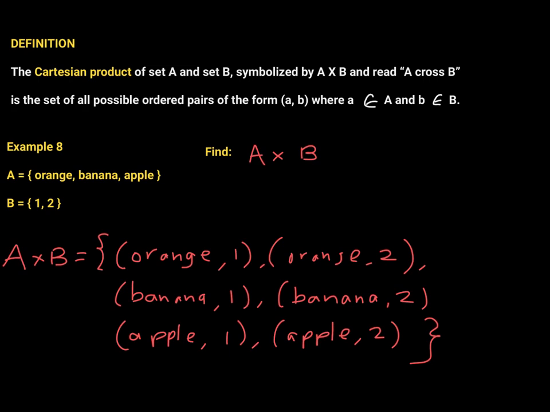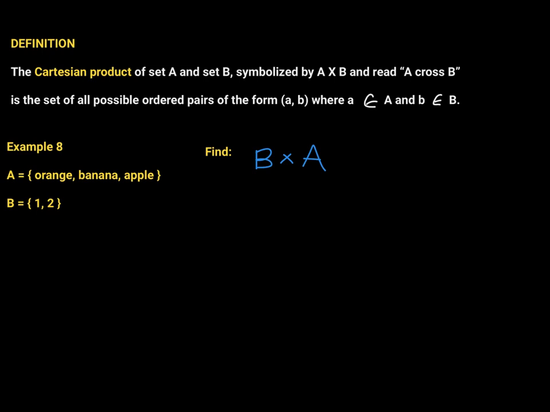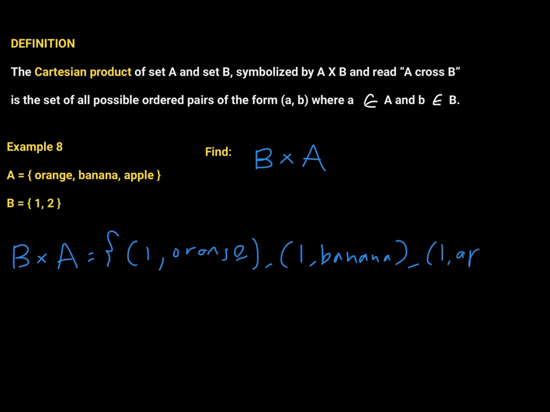Let's find another Cartesian product. What if we switch the order? What is B cross A? Remember, it's the set of ordered pairs. I'm going to start with the number 1 now. See, now the ordered pairs are of the form where the first coordinate has to come from set B. So I'm going to pair 1 with orange, then pair 1 with banana, and then pair 1 with apple.